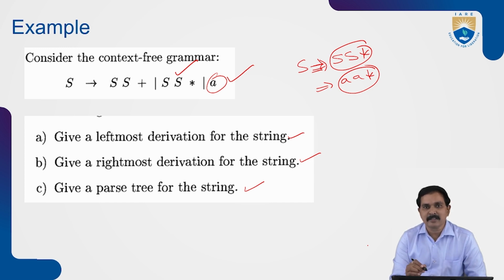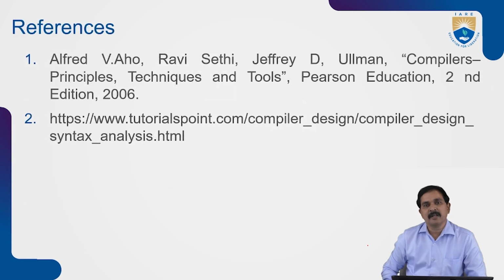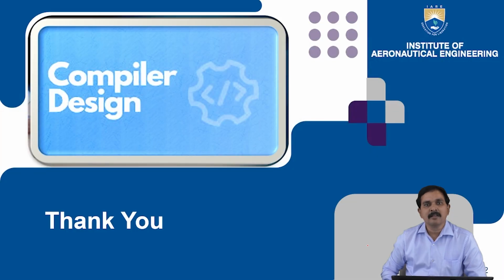That's the tree structure. You get some different parse trees. Okay, so that is the idea. In today's class, we covered the content of derivations and parse trees from these references, and hoping it is clear how to solve LMD, RMD, and how you get the equivalent parse trees.